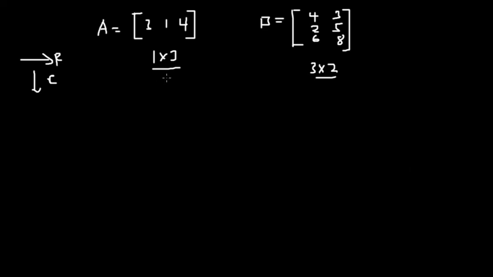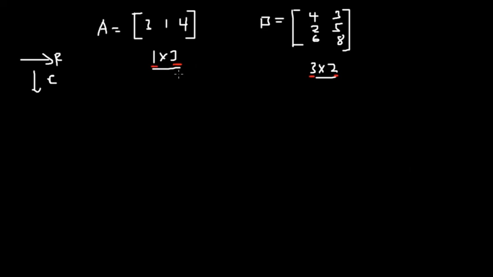Again, this is one of the most important things you need to know. We know that these are row 1 and column 3, and then we have row 1 and column 2, right?